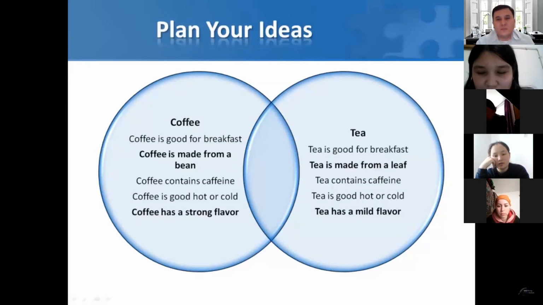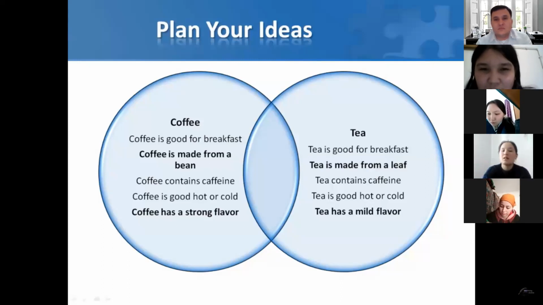Then you make a list for tea. What can you say about tea? Well, tea is good for breakfast. Tea is made from a leaf. Tea contains caffeine. Tea is good hot or cold. Tea has a mild flavor. Do you see any similarities between the two? You said coffee and tea are good for breakfast.